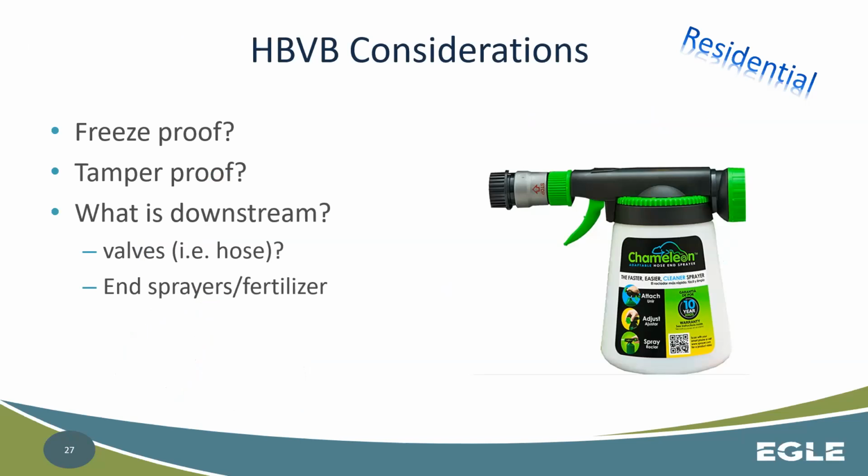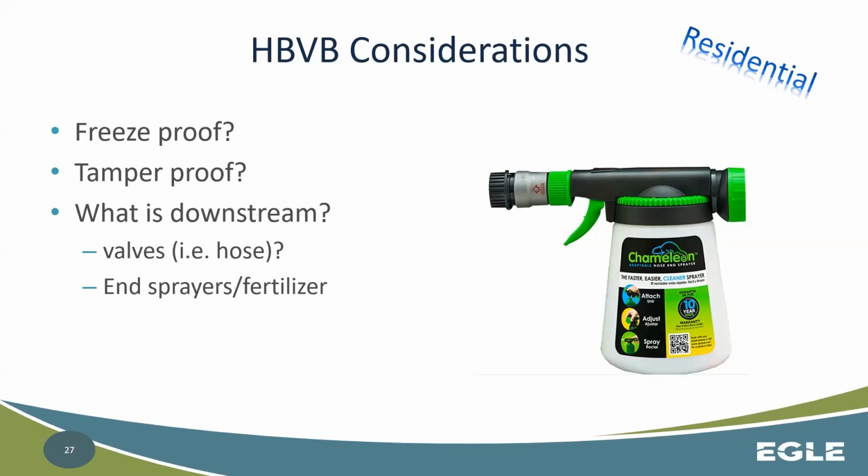We might also have things downstream, like a valve or these nozzles that you can put on to help put down fertilizer or some of these other chemicals. These have another valve that can then put pressure going back on that vacuum breaker, which, depending on the style, might actually prevent it from functioning properly now. So those are all things that are going to have to be looked at.